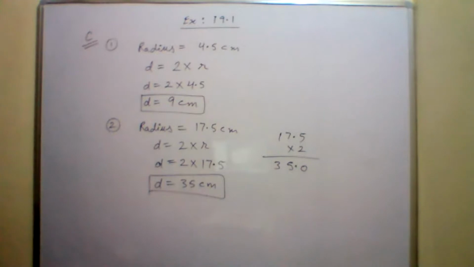Sir, now we have to take only 6.5 radius as a diameter. You have to take only 6.5. Okay. If you take 6.5 in your compass, the diameter will automatically become 13 centimeters.